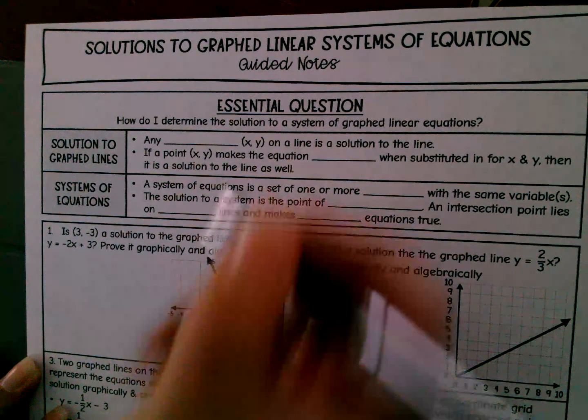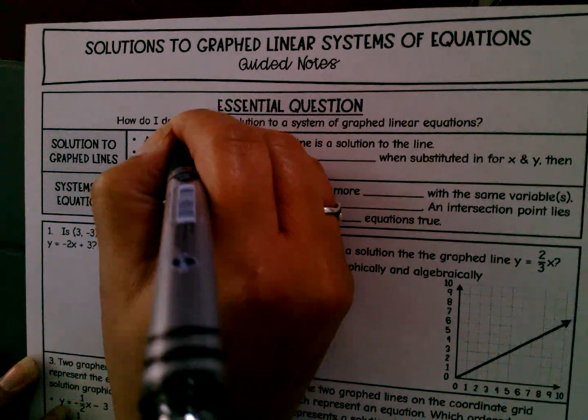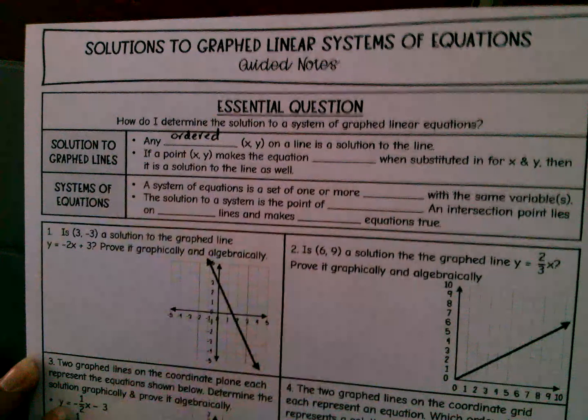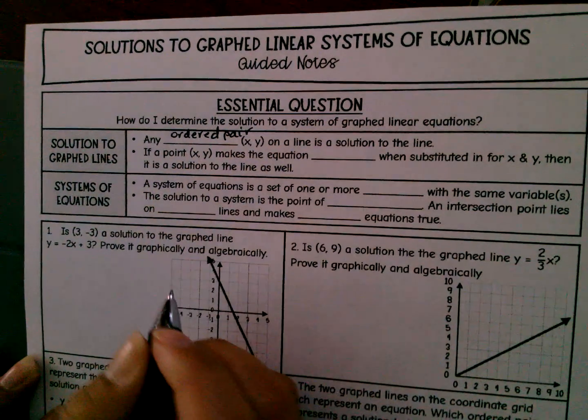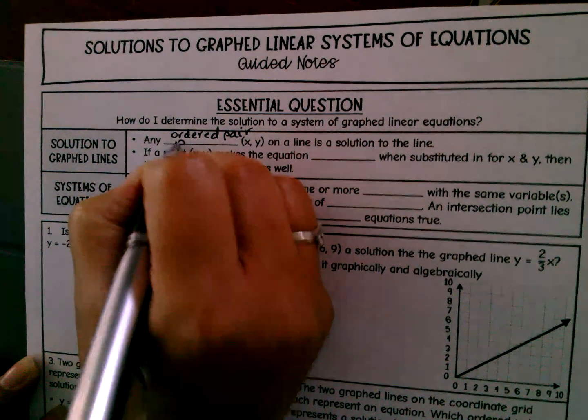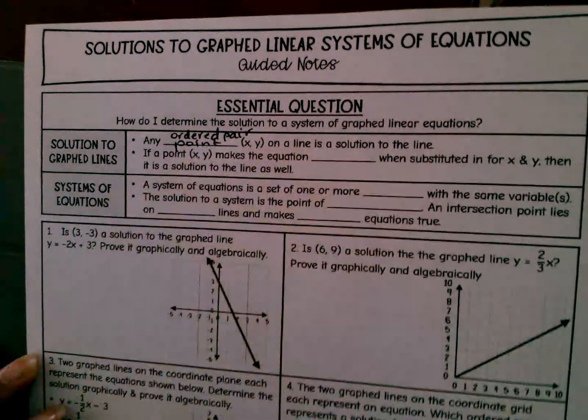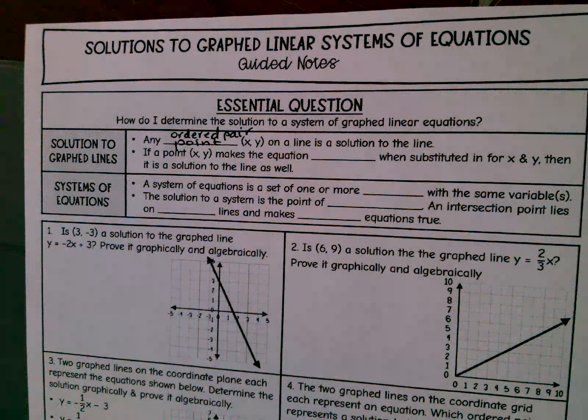Any ordered pair or point, right? Ordered pair is just fancy for a point. So any point x, y on a line is a solution to that line. Okay?